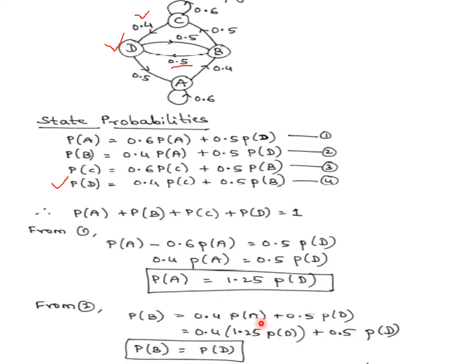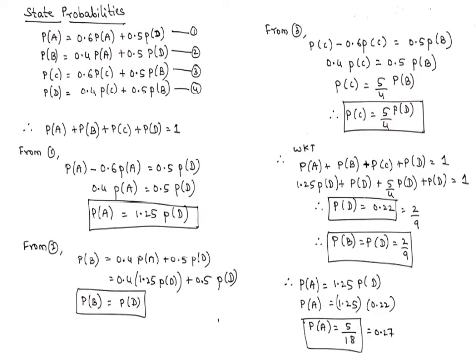So what we are trying to do is, since we have represented P of A in terms of P of D, we try to represent P of B in terms of P of D, P of C in terms of P of D, and the last term will give us the P of D value, using which we can determine P of A, P of B and P of C. So consider state equation 3 and club P of C terms on one side.